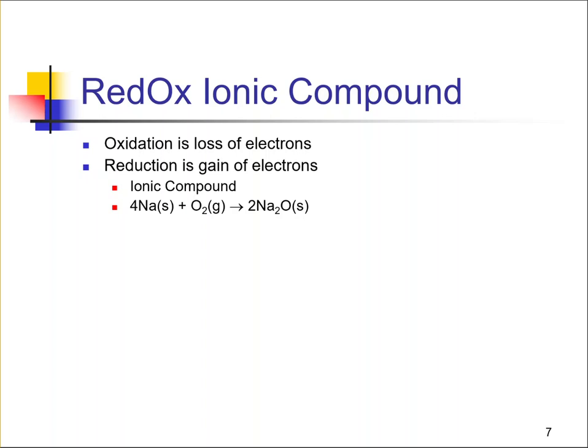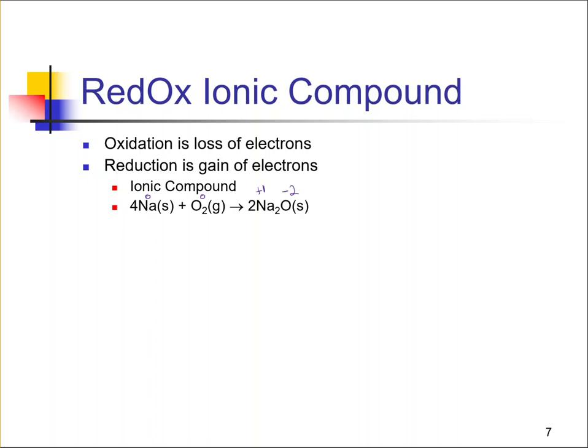For example, here, let's assign the oxidation numbers first. So we have a combination reaction in which sodium oxide is formed, which is an ionic compound. The oxidation number of sodium is 0 because it's an element. The oxidation number of oxygen is also 0 because it's an element. Now moving on to the product, in sodium oxide, the oxidation number of oxygen is -2 and the oxidation number of sodium is +1.